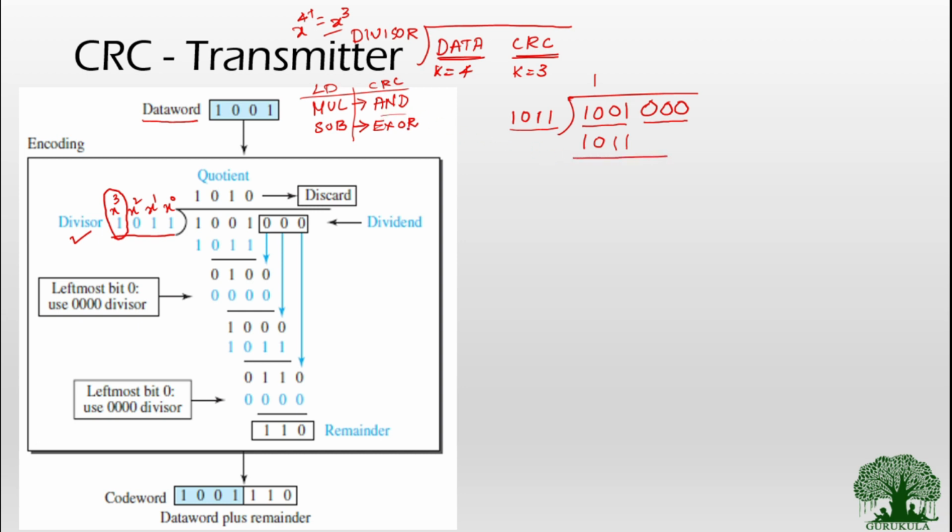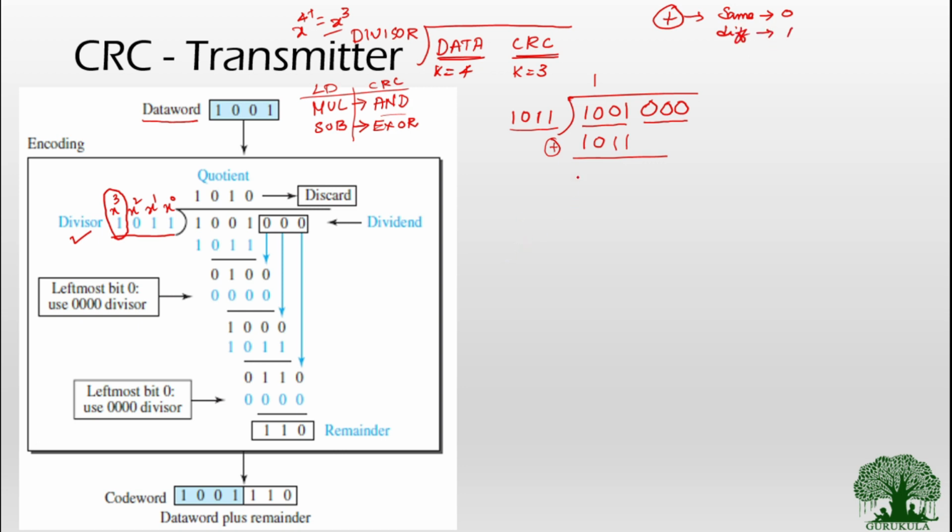Now wherever I perform subtraction, in the long division method we would subtract between these two bit strings, but here in CRC we have to perform the XOR operation. So what do I get if I perform an XOR operation? In XOR, if two bits are the same I get 0, and if two bits are different I get 1.